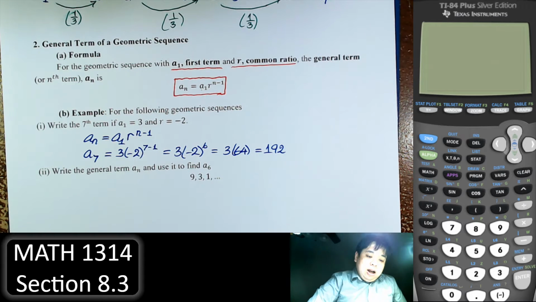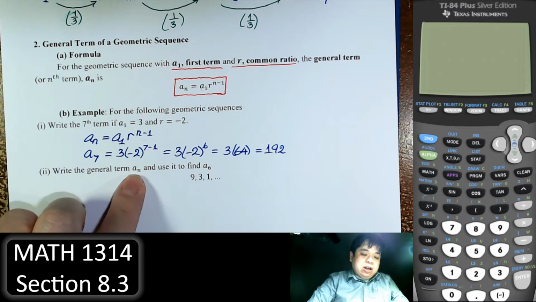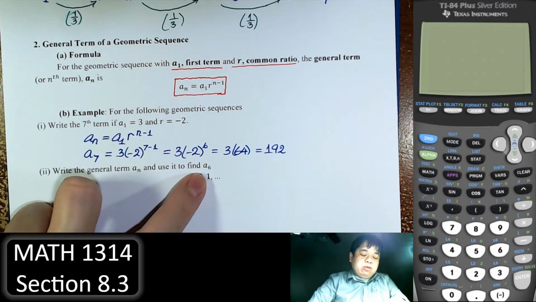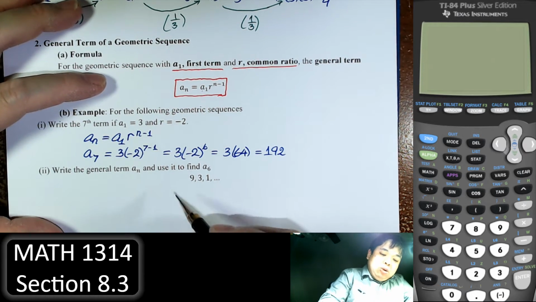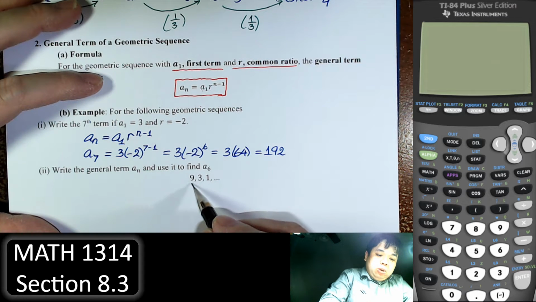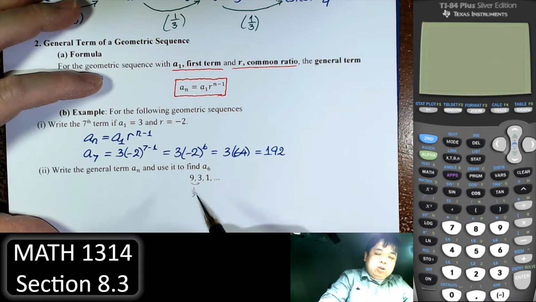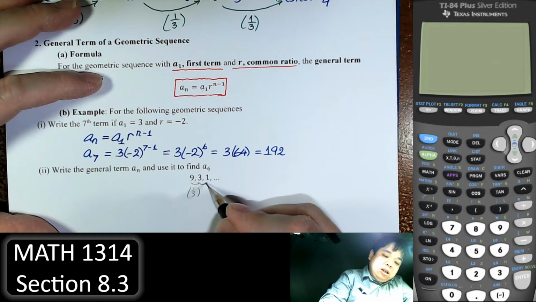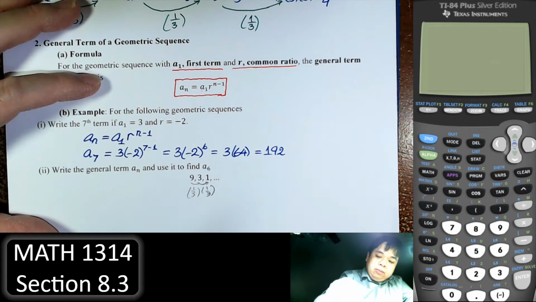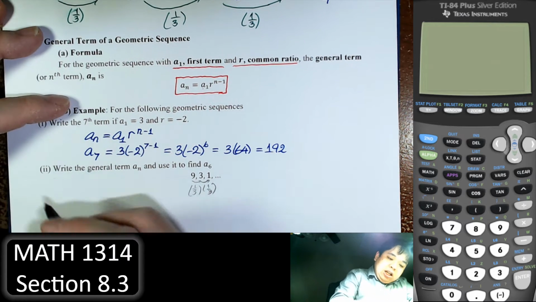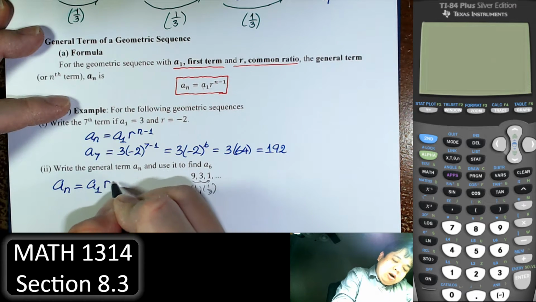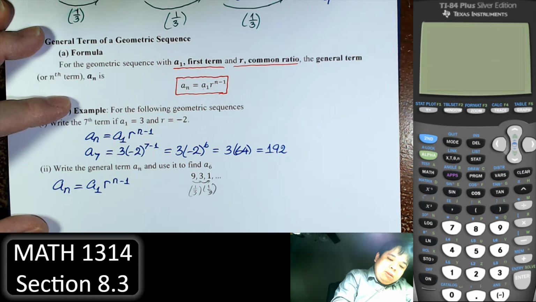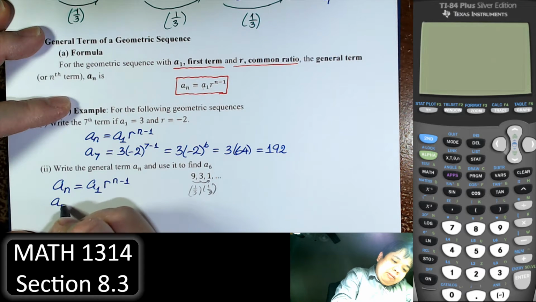Alright. Next, write a general nth term A sub n and use this to find A of 6 for this sequence. And we see 9, 3, and 1. So pretty much we multiply by 1/3 to get from this one to the next, and multiply by 1/3 again. The first term is 9. So we have A sub n equal to A1 times r to the n minus 1.